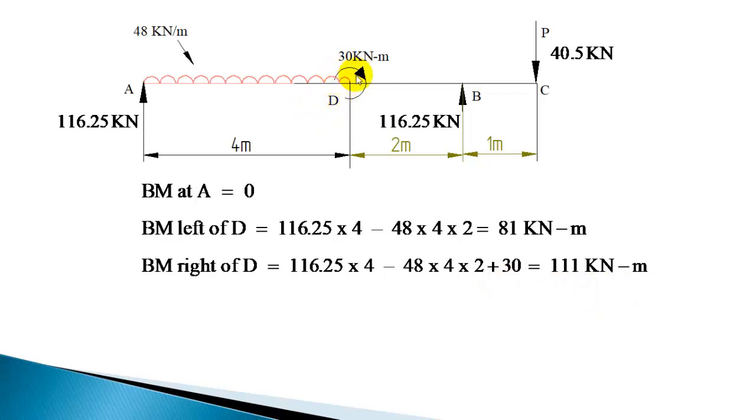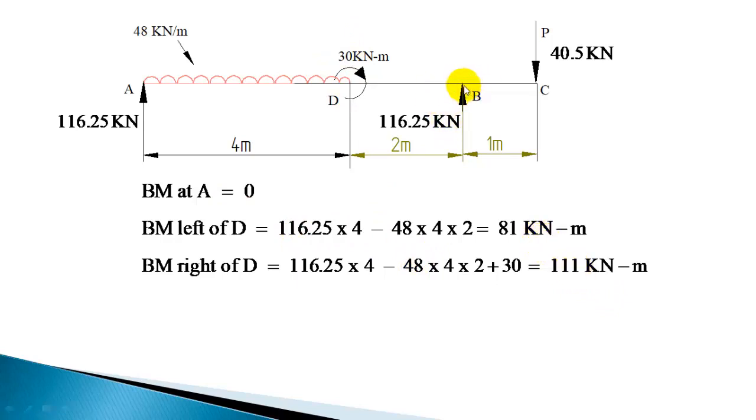So wherever a couple is acting, on the bending moment diagram there will be a sudden change at that point. The bending moment is changing suddenly at point D, by 30, increasing.